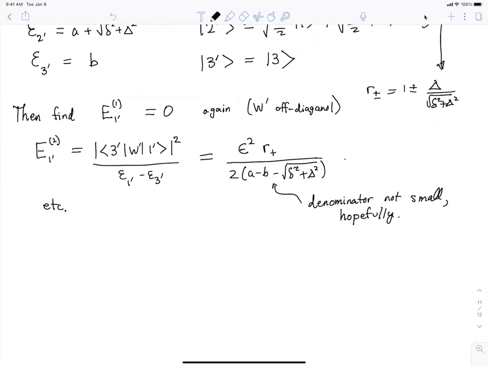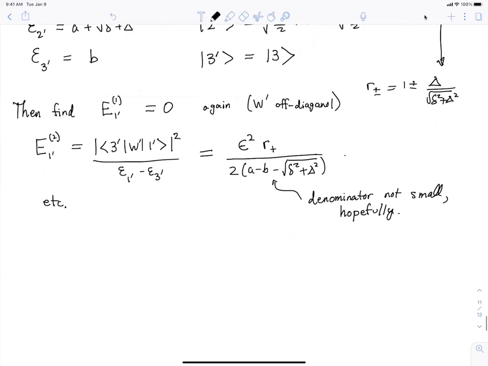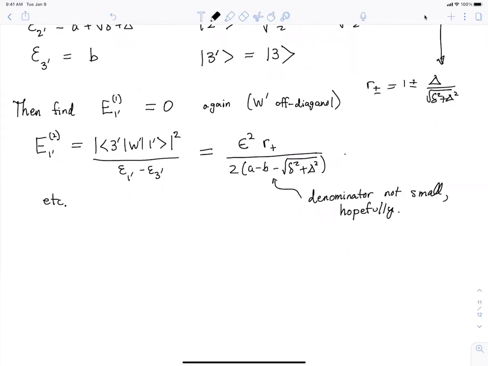So it's not helpful. Okay, but in many cases, it will be helpful. Okay, so et cetera means similarly for E2 prime and E3 prime.